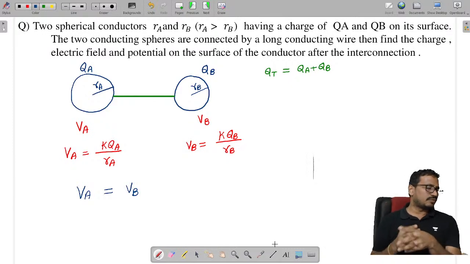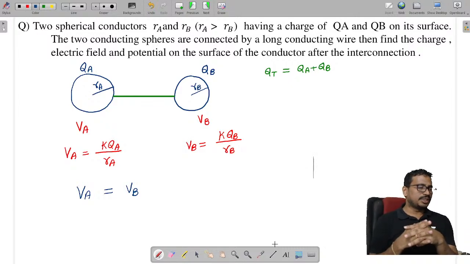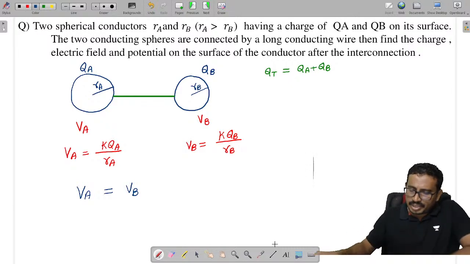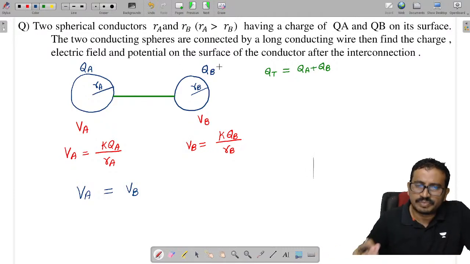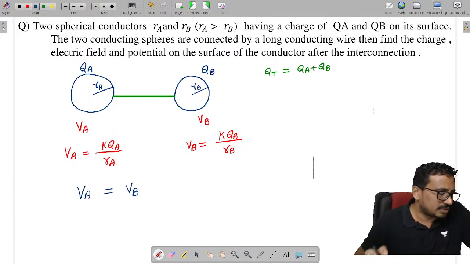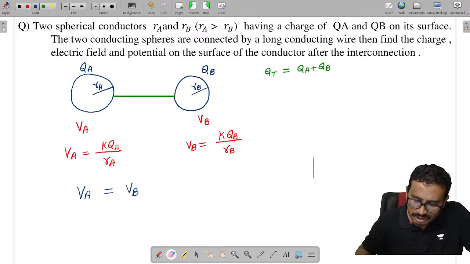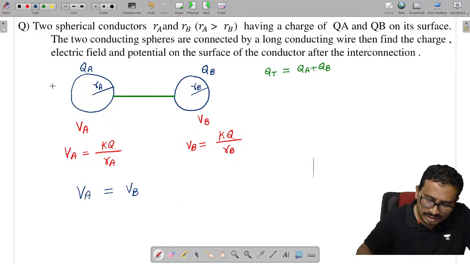QA and QB are the charges before the interconnection. After the interconnection, the same charges will not lie; some charge will flow from one to the other. As a result, after the connection, this one will have a charge Q1 and this one will have a charge Q2.